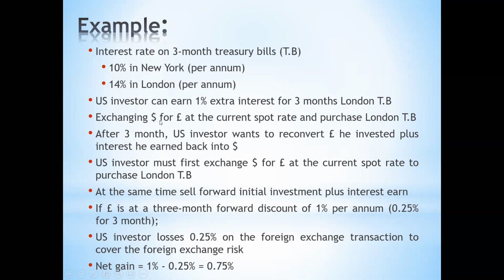So exchanging dollars to pounds at the currency spot rate and purchasing treasury bills in the London market. So what the investor can do is borrow money from the New York market at a low interest rate and convert that into pounds, right? Then invest it into the London market at a higher interest rate.